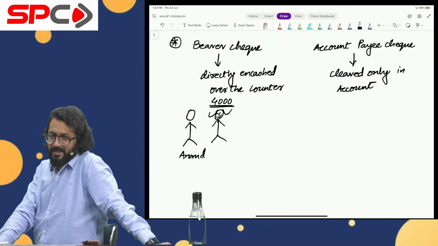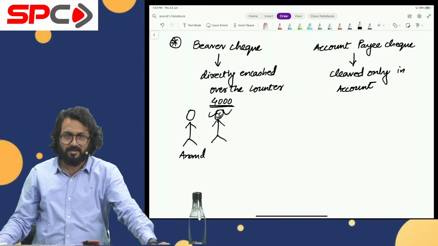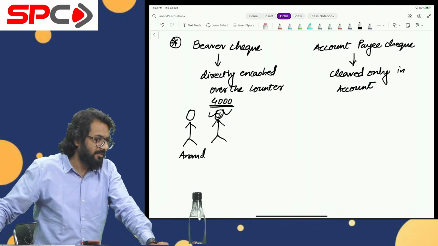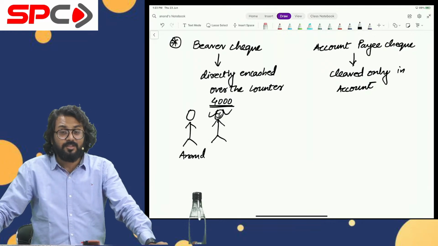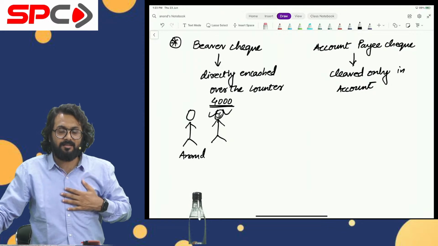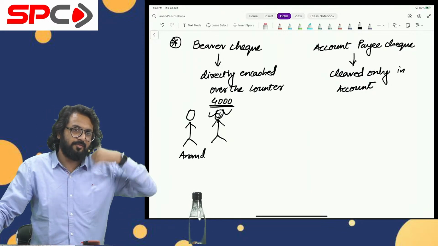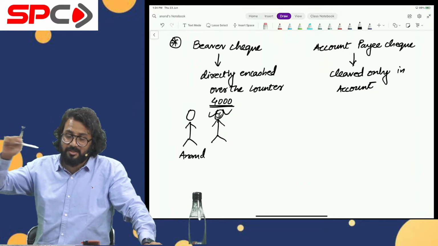So one day Champa came to me and told me, Anand, you need to pay me ₹4,000. I said, I don't have cash. Is that okay? So she saw a piece of paper, a check lying in my pocket. And it was not crossed. It was not account pay.